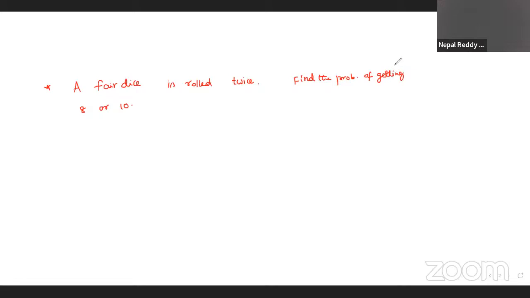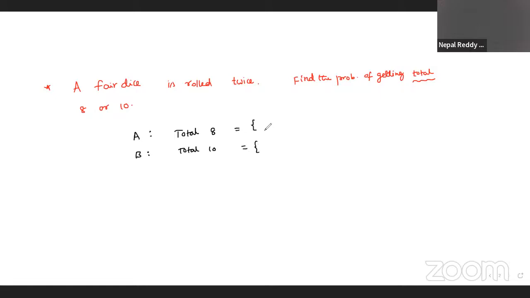Find the probability of getting a total of those two numbers, 8 or 10. Suppose that A is the event such that the total of those numbers is 8, and B is another event whose total is 10.